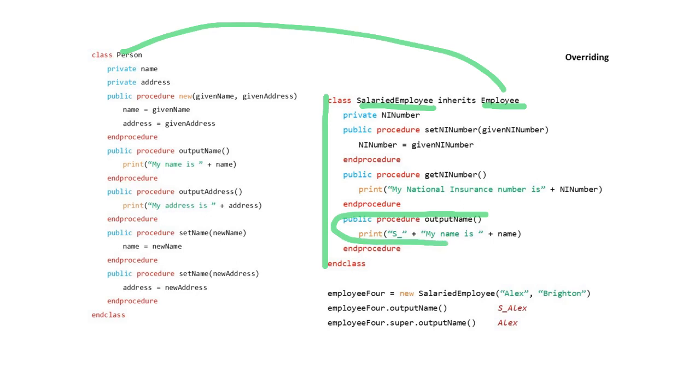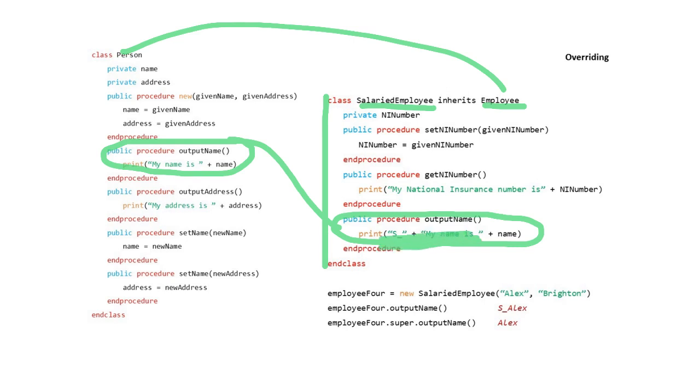This class has a new method called output name. This matches the method output name in the parent class person. Therefore, this output name method will override and replace the code in this one. So importantly, it's this print statement that will be run, not this one.